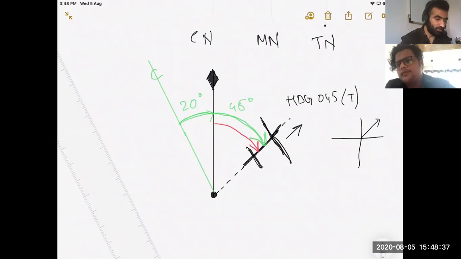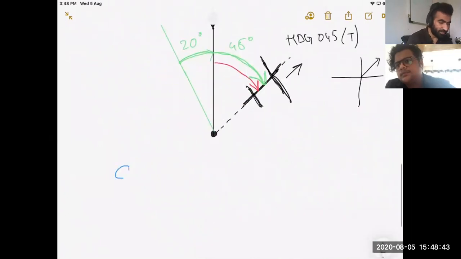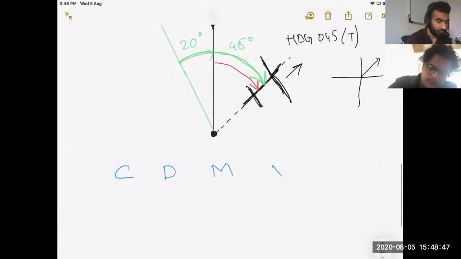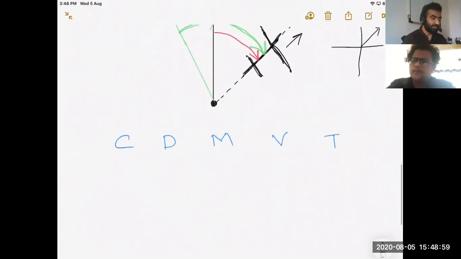So in order to understand this relationship, why not just have this remembered? Write down C, D, M, V, T. This sequence is very important, and this will make your navigation problems a piece of cake. C stands for compass north.